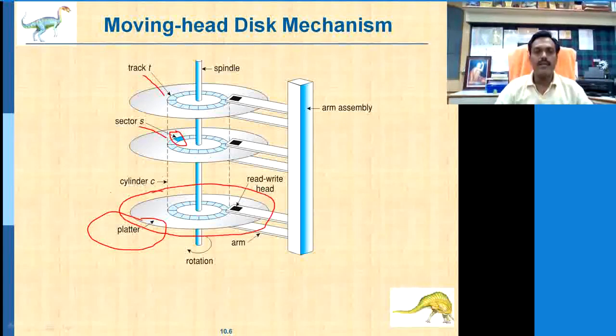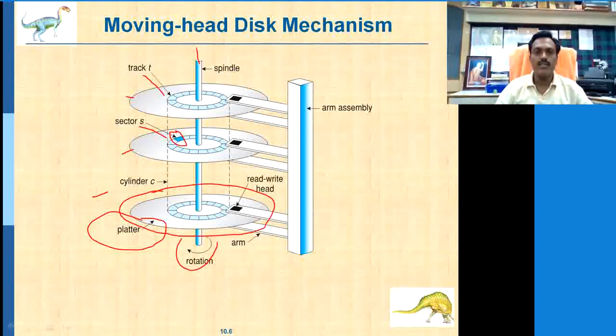Now there are many platters. This one is a platter, and this one is also a platter. So a hard disk is made up of multiple platters together, and there is a spindle, you can observe here, which allows the platters to rotate, and the direction of rotation is this one.